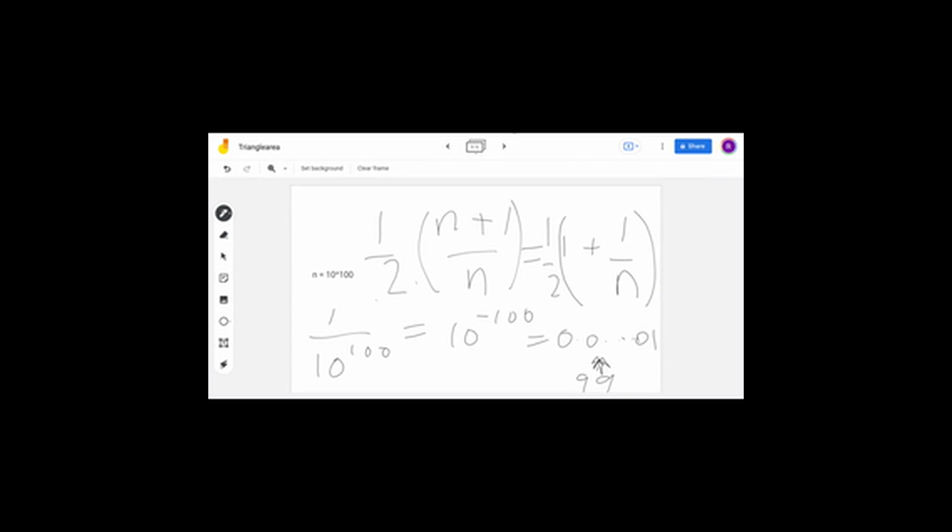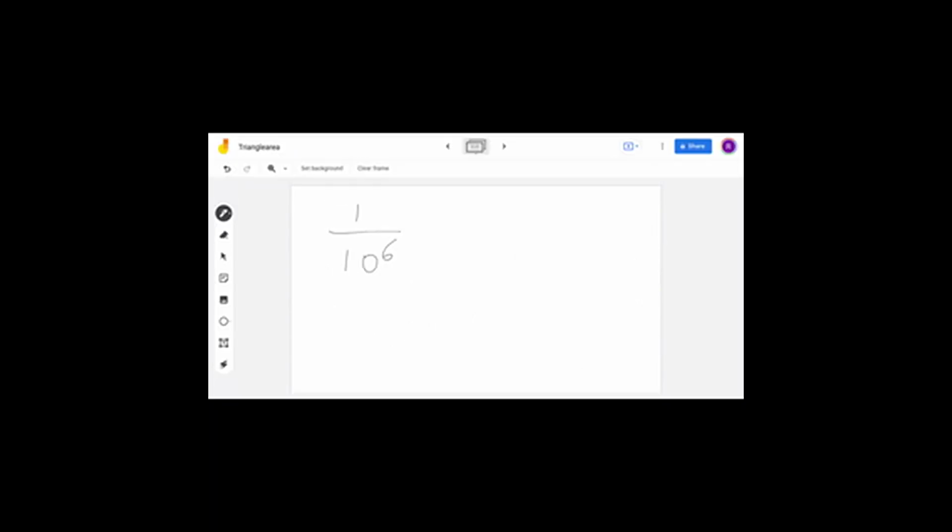Naveen, 1 over 10 to the power 6. That is 0.000001, 5 zeros actually. Okay, it will be 5 zeros. Is that small or is it big? Is that a small number or a big number? Small number.